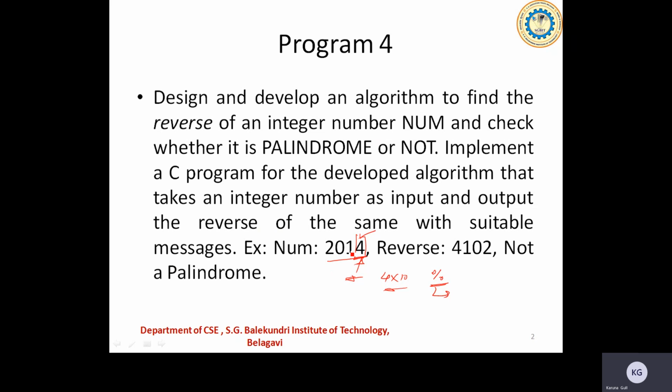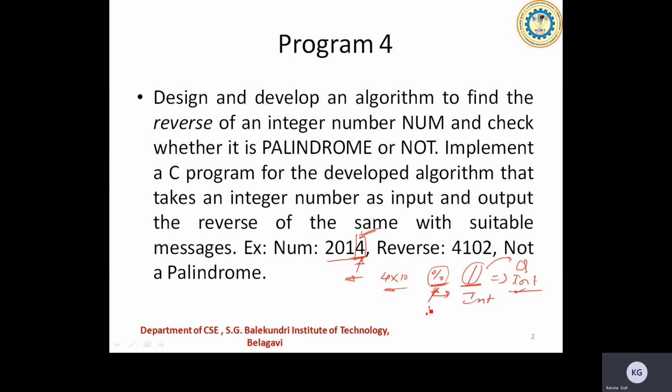Remainder means I'll be picking the units place digit, and dividing the given number, I'll go ahead with integer division so that I can get a pure integer quotient. The modulus operation is always done on integer values itself.